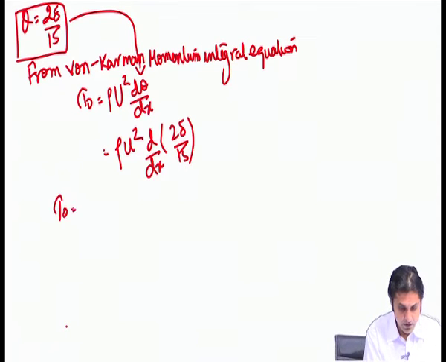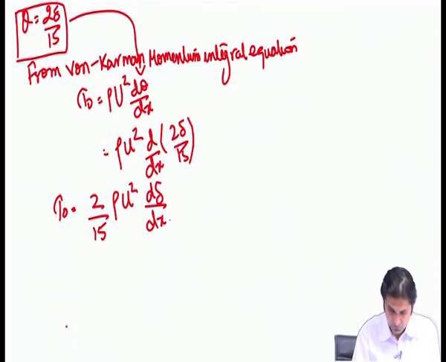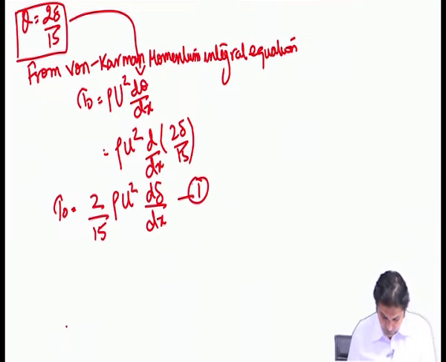Therefore tau naught is going to be 2 by 15 rho U square d delta by dx, and this is equation number 1.